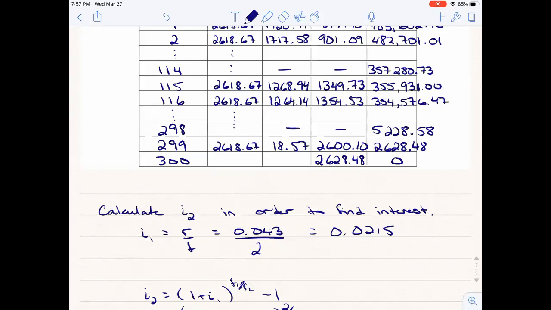So times I2, we have to pay $9.34 in interest, which means our last payment is going to be the $9.34 plus 2,628.48. So our last payment is $2,637.82. Noticing that that one is different from the others.